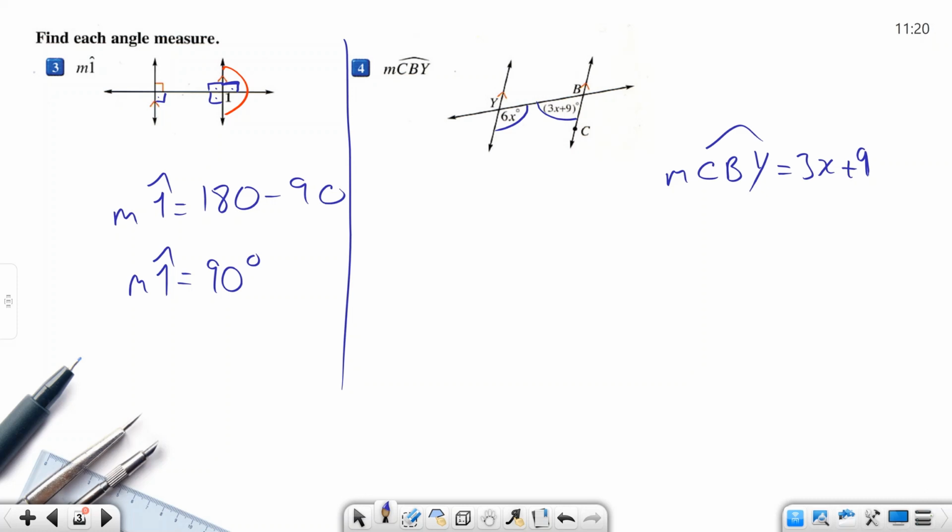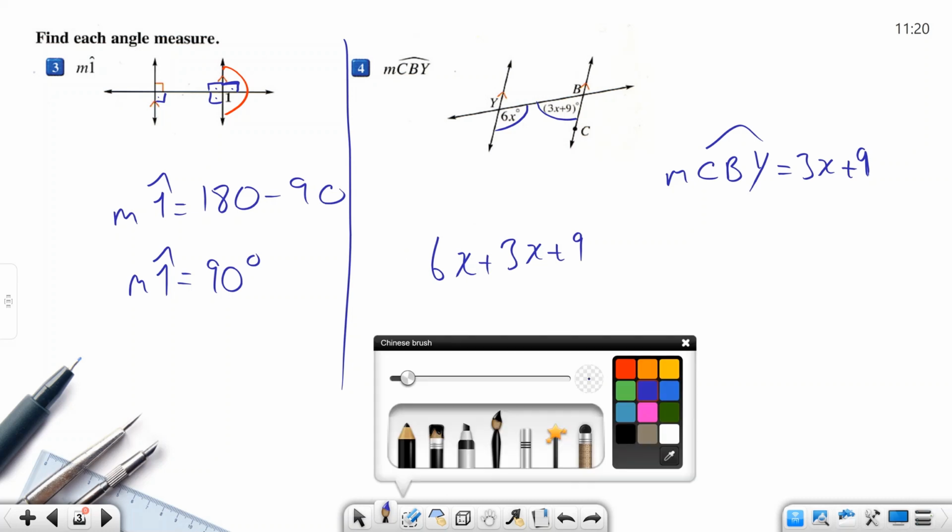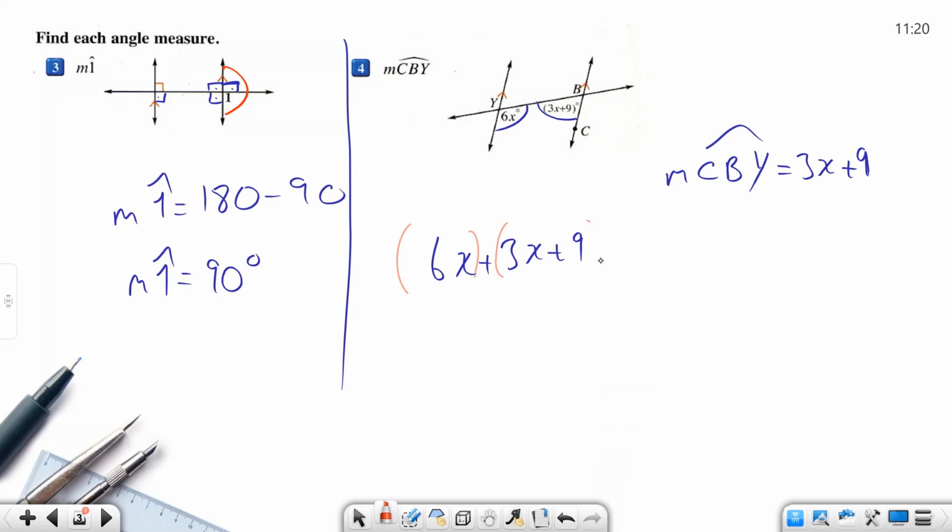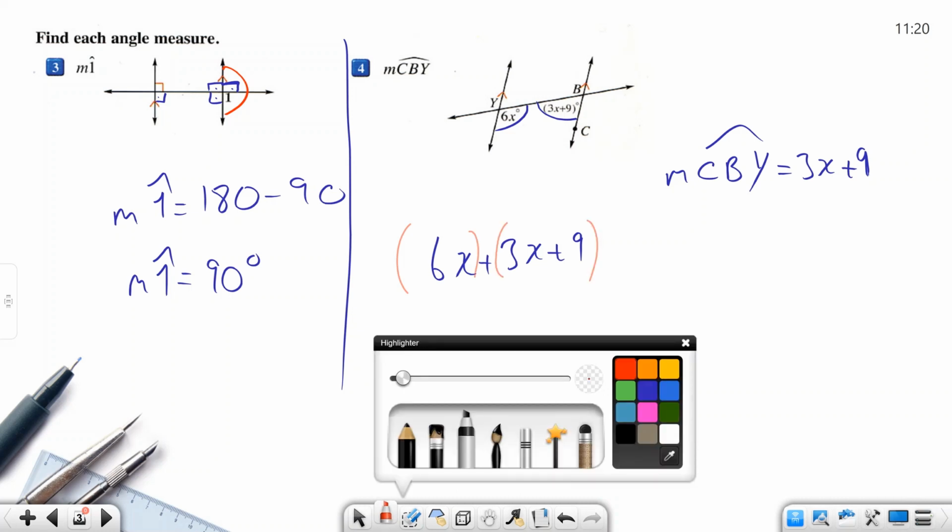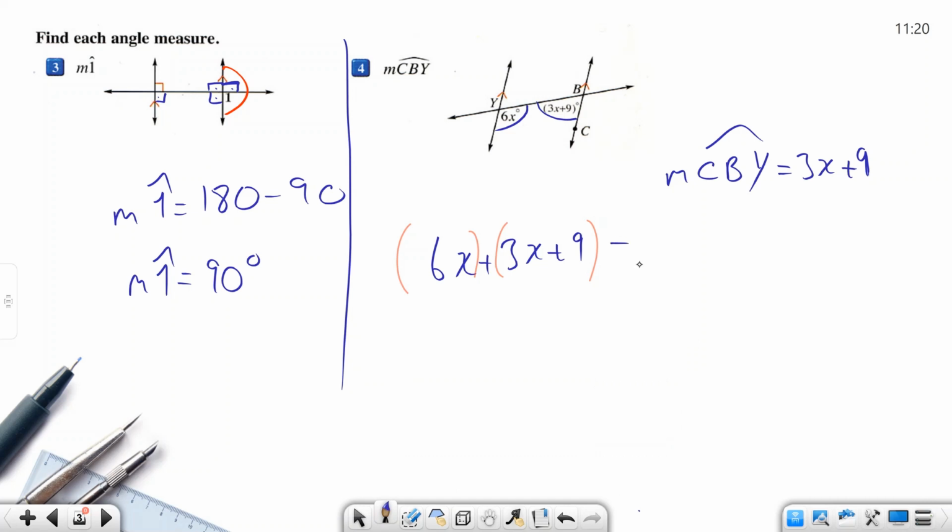If they are same side interior angles, the sum of them will be 180. So I can say 6x plus 3x plus 9, the first angle plus the second angle, will be equal to 180 degrees. Now 9x plus 9 equals 180 degrees.